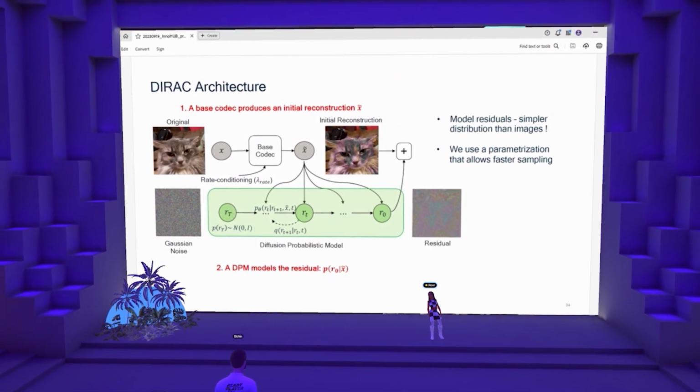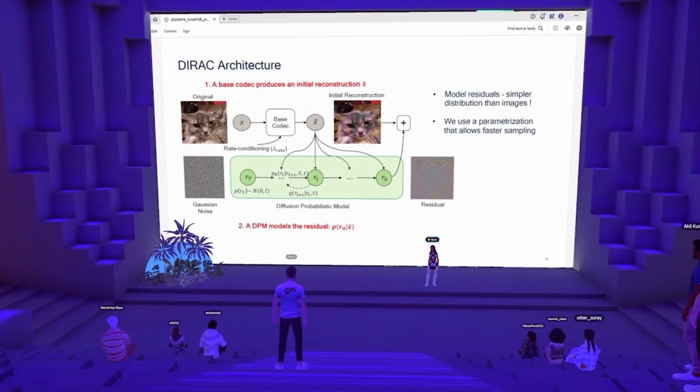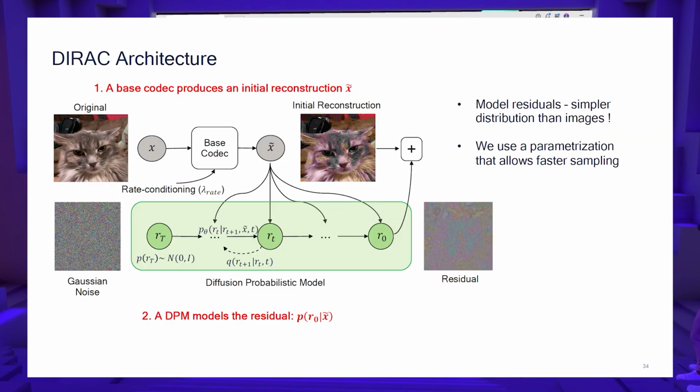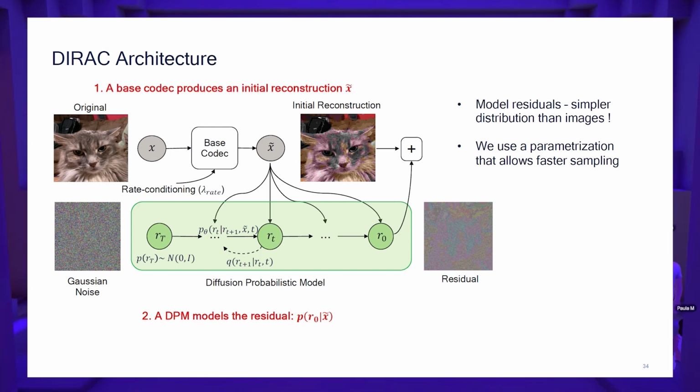We then run our diffusion model. This diffusion model is run at the receiver side. So you have generated an initial reconstruction, and now you're going to run a diffusion model on top of it. Given the initial reconstruction, which is in our case X tilde, we condition the diffusion model on this X tilde. We start off with some random Gaussian noise, and we do a reverse sampling process.